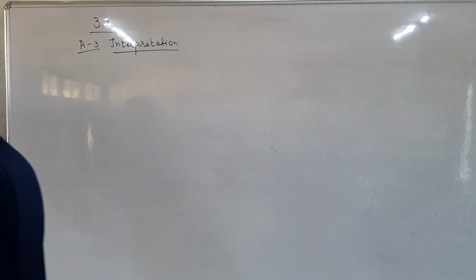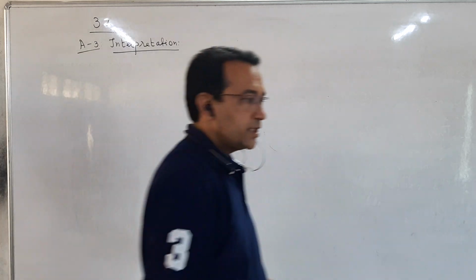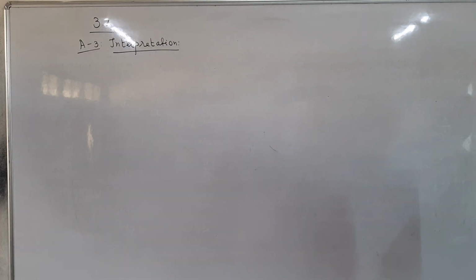In the last lecture, we discussed answer 3, but we did not discuss the interpretation of answer 3. So today, we are going to start with the interpretation of answer 3. The data was regarding age.